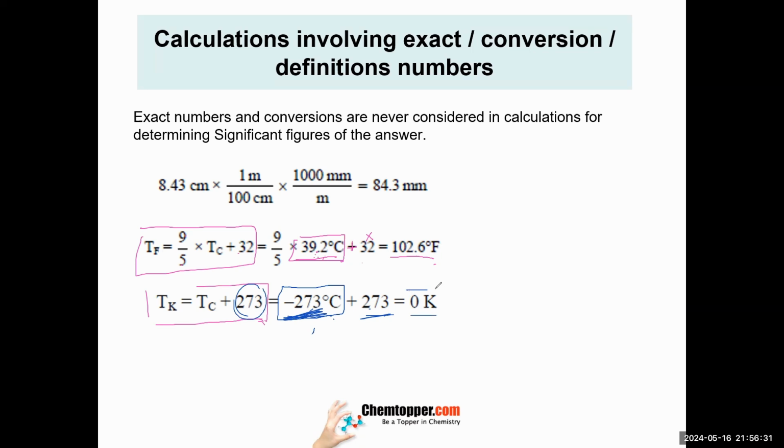No. So the final answer will have no decimal. See, this is minus 273. This is plus 273. Answer is 0. You're going to learn these conversions, these scales, in the topic where we are going to do SI units, units of temperature, mass, and volume. There you're going to learn these scales, these definitions.